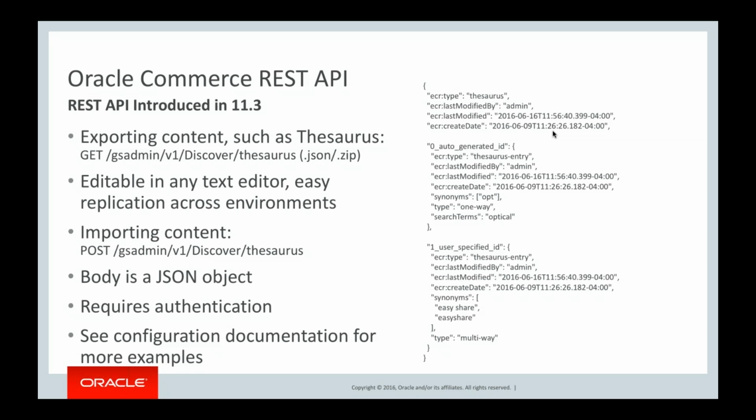This is an example here, this first bullet, of the GSA admin endpoint to be able to make updates on the thesauruses. Here, it's making note that you can download the file as a JSON or as a zip.